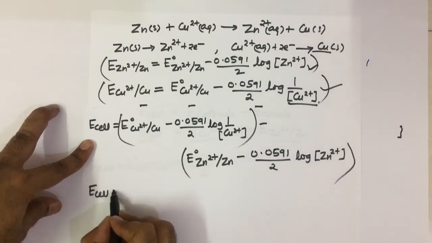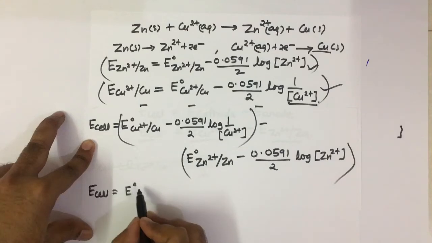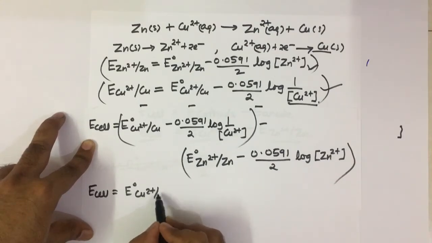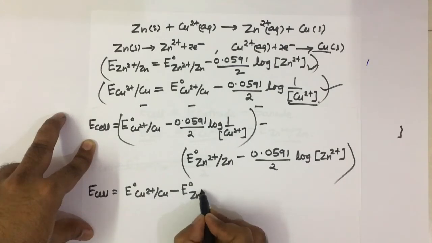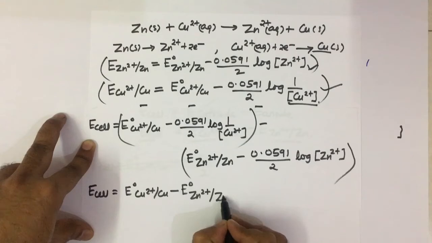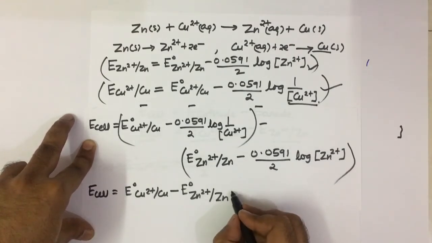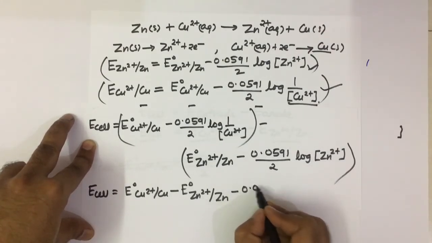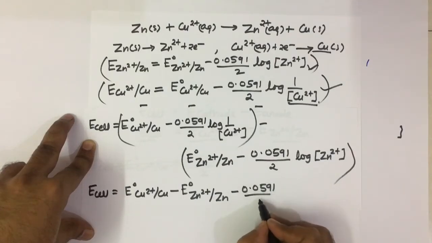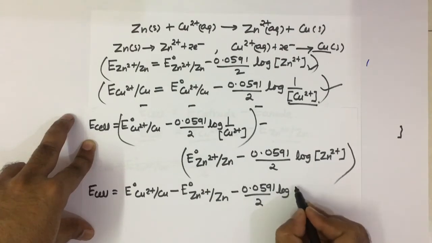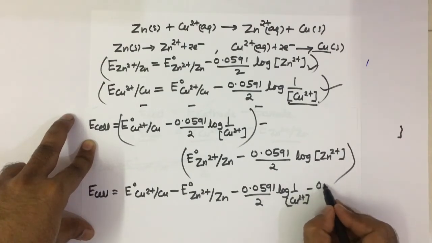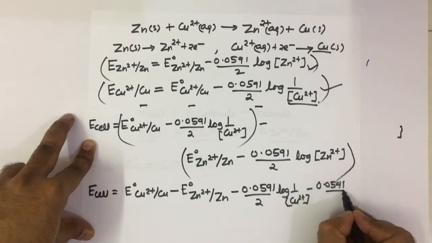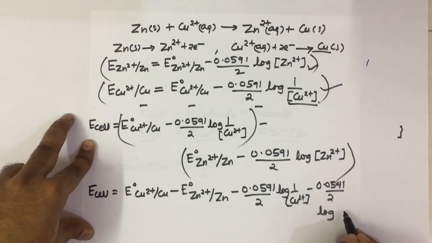E cell is equal to E naught Cu2+ upon Cu minus E naught Zn2+ upon Zn minus 0.0591 upon 2 log of 1 upon Cu2+ minus 0.0591 upon 2 log of Zn2+.